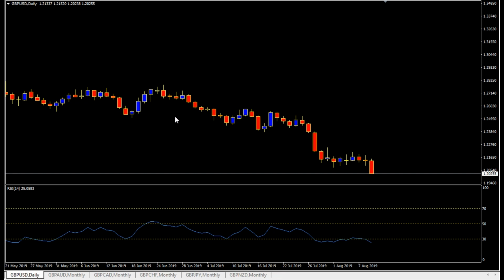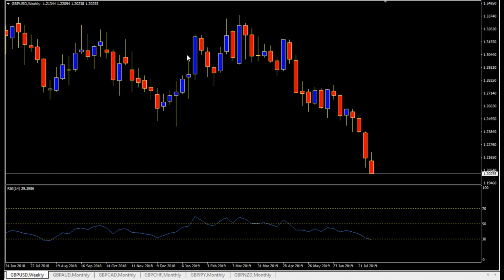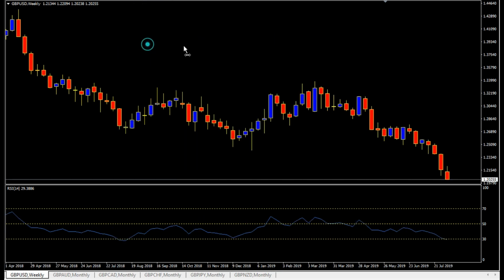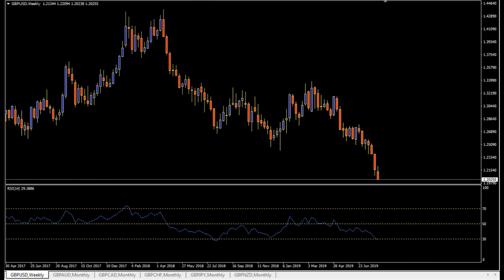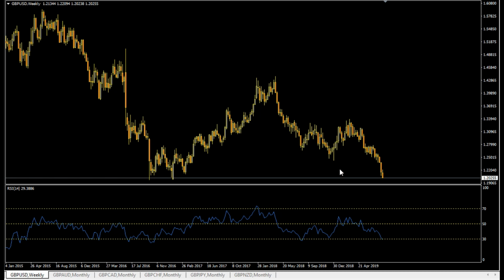To find out that, we need to change the time frame to a bigger time frame, which is 1 week, and then we go here, we don't see anything, we minimize the charts and minimize further. Here you can see this was the previous support. Twice it reached this line, this support, and went back up.